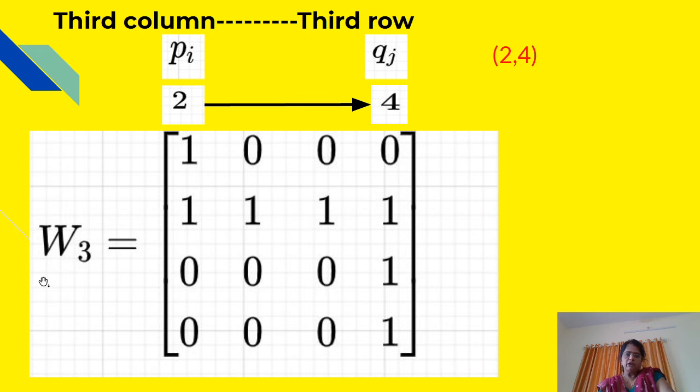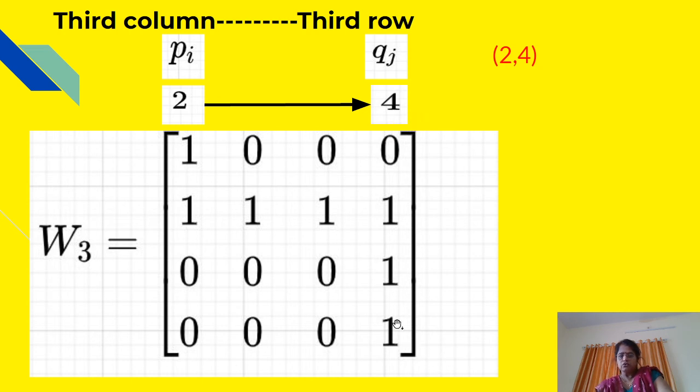Now we have to write W4. When we will write W4, at that time all the 1s which are in W3 will be as it is in the same position. Now we have to consider the fourth column and fourth row.